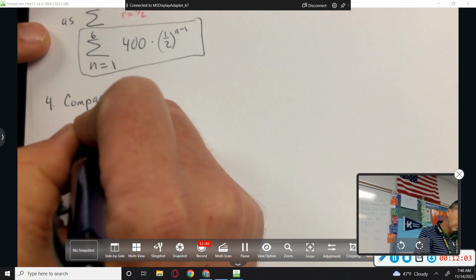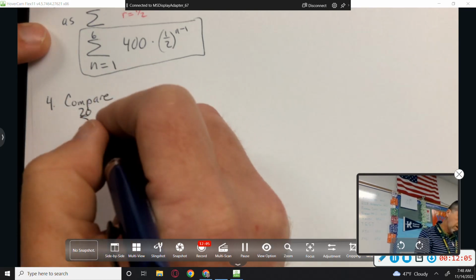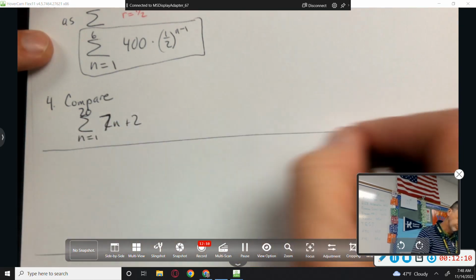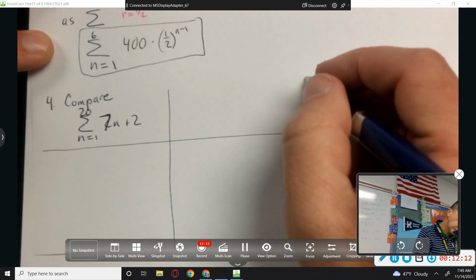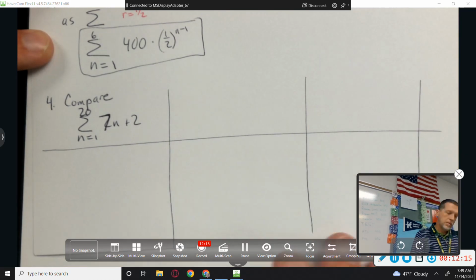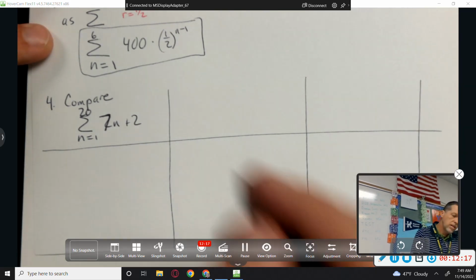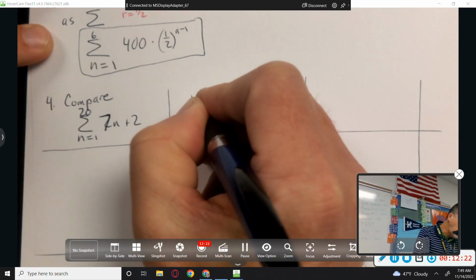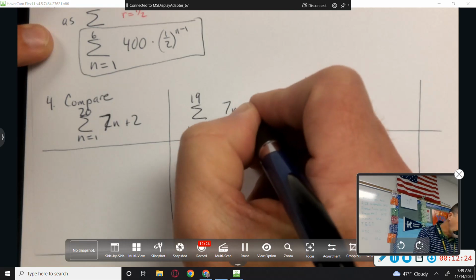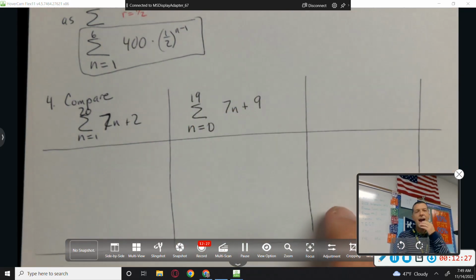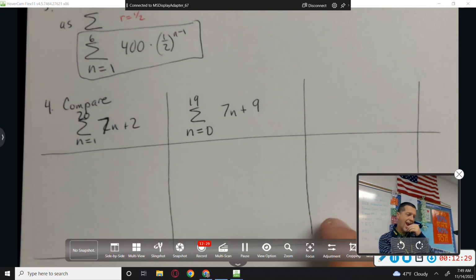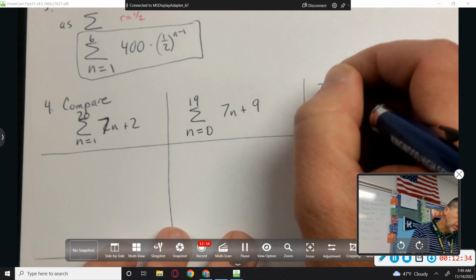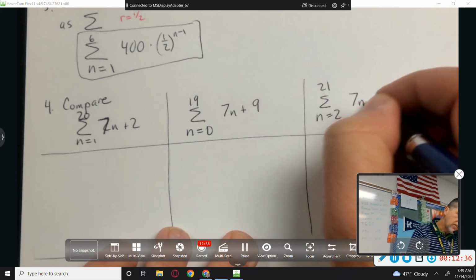The sum from n equals 1 to 20 of 7n plus 2, the sum from n equals 0 to 19 of 7n plus 9, and the sum from n equals 2 to 21 of 7n minus 5.